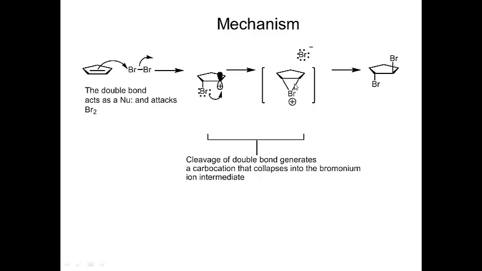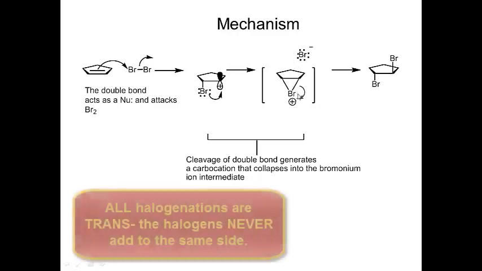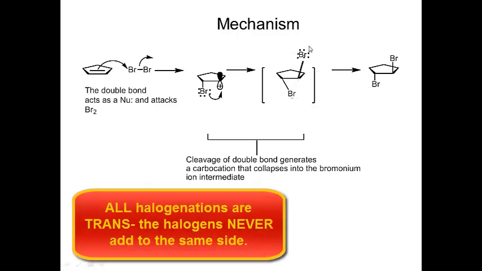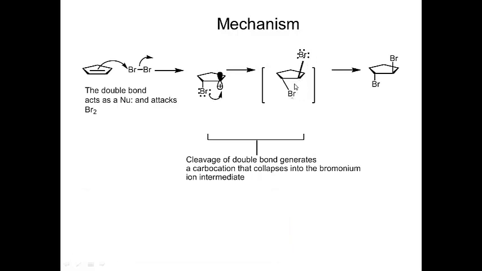So if this is on the underside of this ring, the other bromine that comes in has to come in opposite of that. Now let's look at what happens. Here are my arrows where this bromine donates a pair of electrons here, and now I form a new bond between carbon and bromine, and I break the carbon-bromine bond here. Let's look at that again. Here's my bromine coming in, right? Watch the arrows. I'm pushing here and I'm breaking this bond here. And then I form a new bond between bromine and carbon here, and I break the carbon-bromine bond here to give me my product.